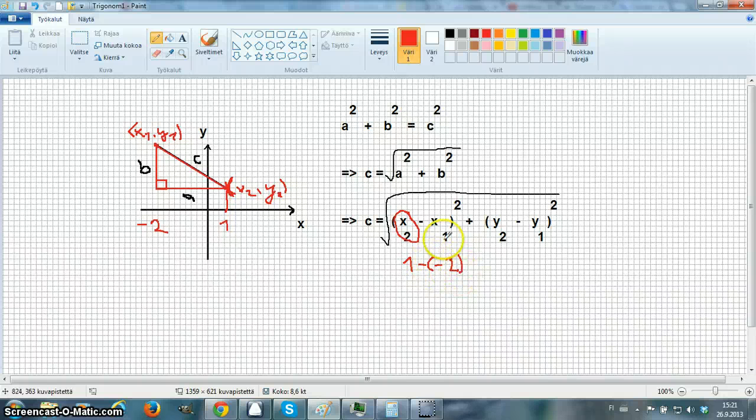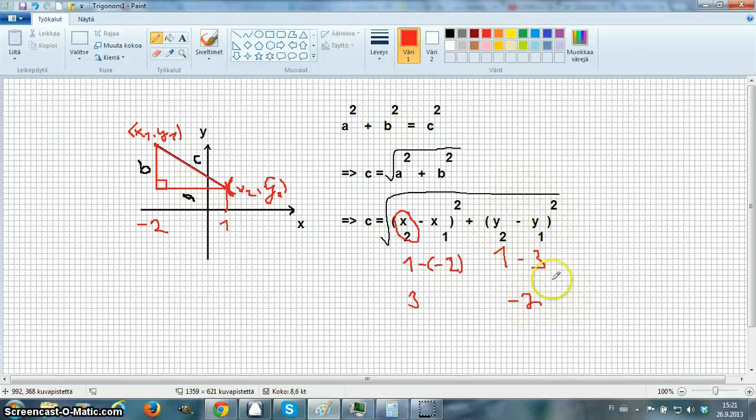So we get the coordinate 3, 1. And then for y2 over here, let's make that 1 and point it to 3, minus 3. So there becomes minus 2.